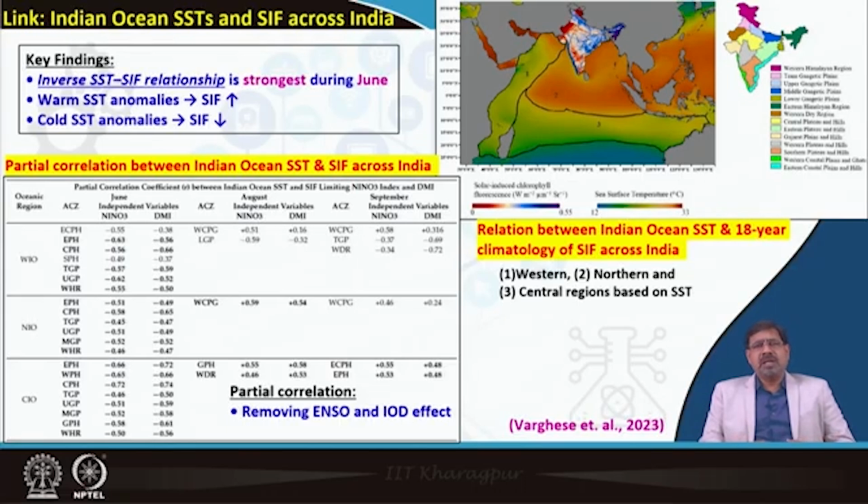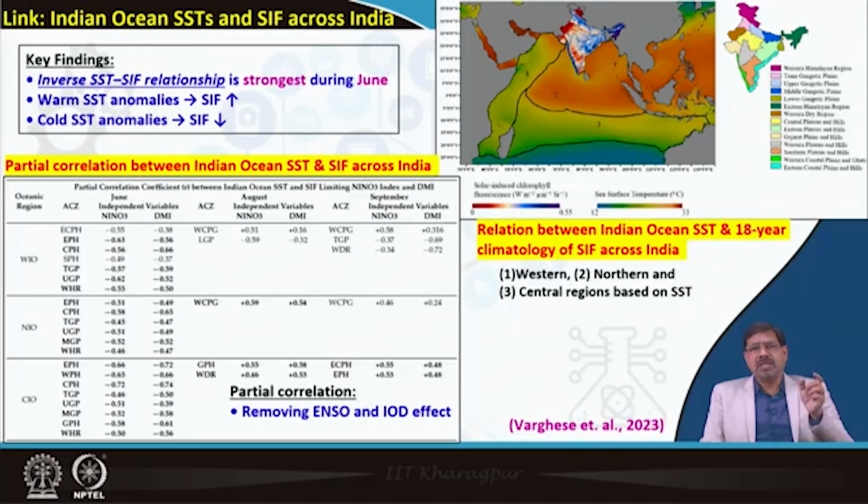With this bit of understanding, our group from the Spatial Analysis and Modeling Lab has tried to relate the Indian Ocean sea surface temperature, which is an oceanic phenomenon, and the sun induced fluorescence, which is represented in terms of SIF.